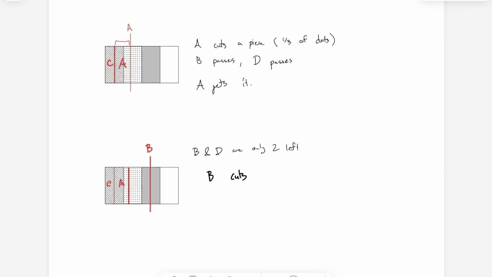I think the one on the left because it has a bunch of dots in it. The one on the right only has some gray and then some white, which D doesn't like. So B cuts, and then D chooses, and B gets the leftover piece. So it's like D got this one, B got this one. That's our final answer.